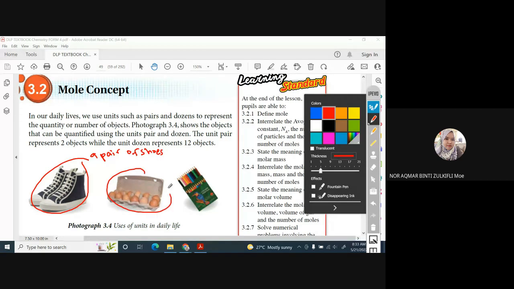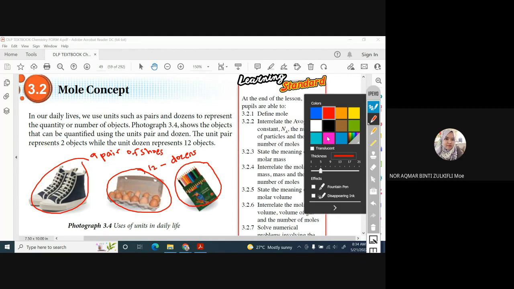This one, maybe a dozen or a box. A box, there are only 6 eggs in the picture, so 12. So we call it a dozen. In Malay we have penjodoh bilangan, sepasang kasut, sekotak pensel warna.